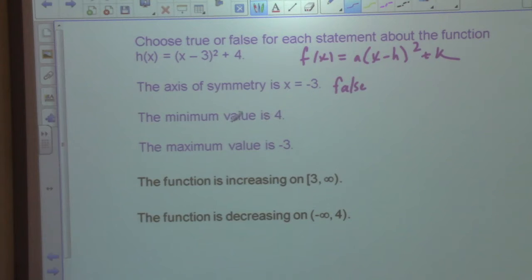Next, the minimum value is 4. True or false? It is true. Okay, when you graph this thing, you have h comma k, so 3 comma 4. So the thing's going to come right like this.